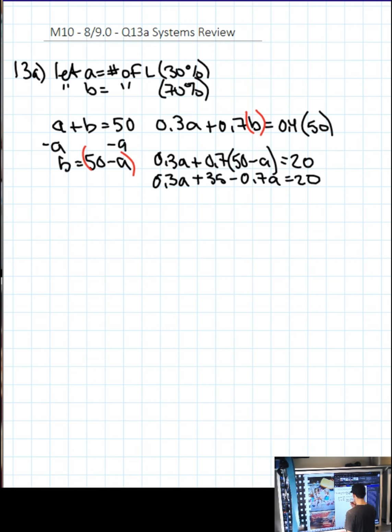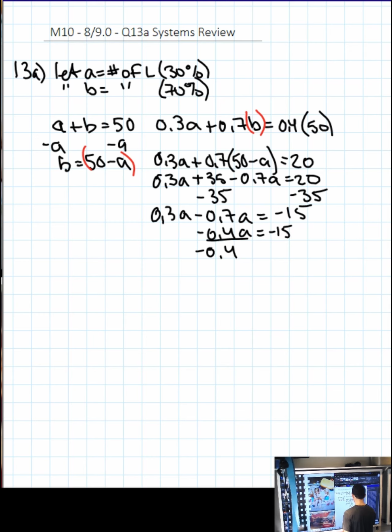We can minus 35 from both sides, and 0.3A minus 0.7A will equal negative 15. 0.3 minus 0.7 will be negative 0.4A equals negative 15. Divide both sides by negative 0.4. And negative 15 divided by negative 0.4 will simply be A equals 37.5.